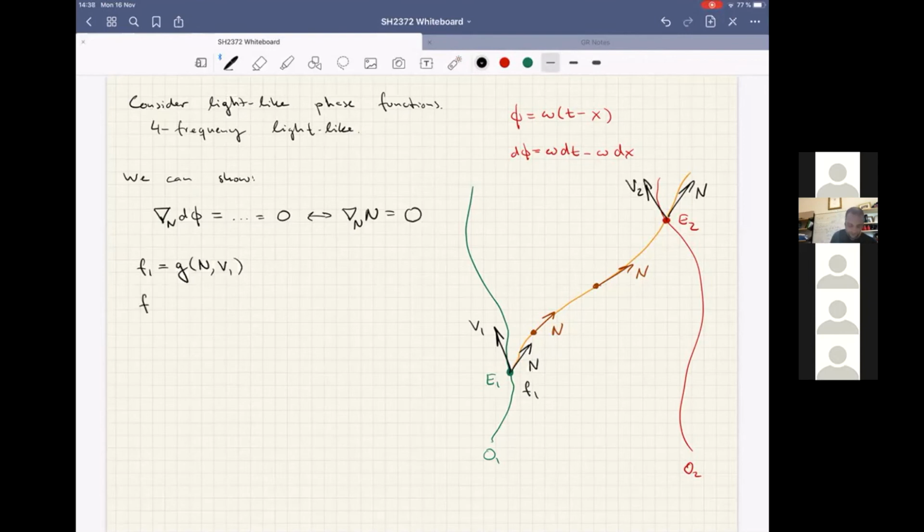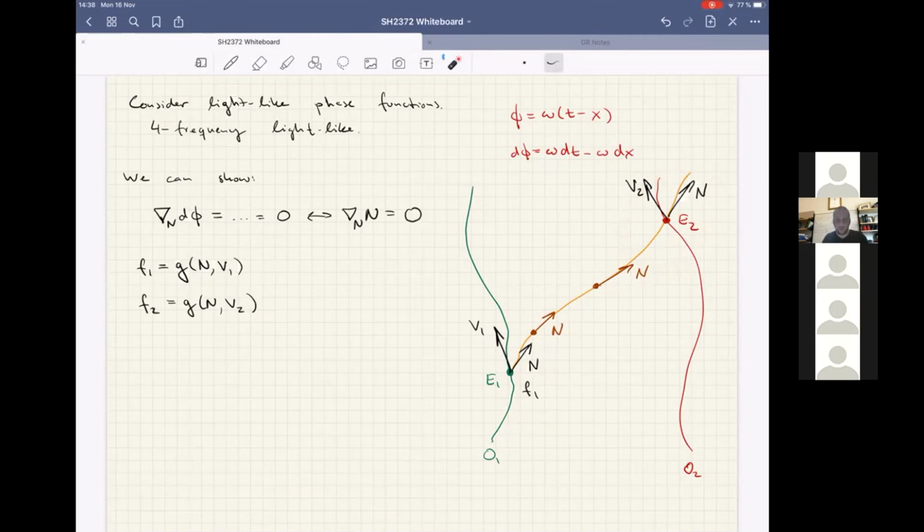And the frequency that this observer observes is going to be the inner product of the four-frequency at that point with v2, the four-velocity of that observer. And in that way, given f1, we can establish what is the frequency observed over here by the second observer.